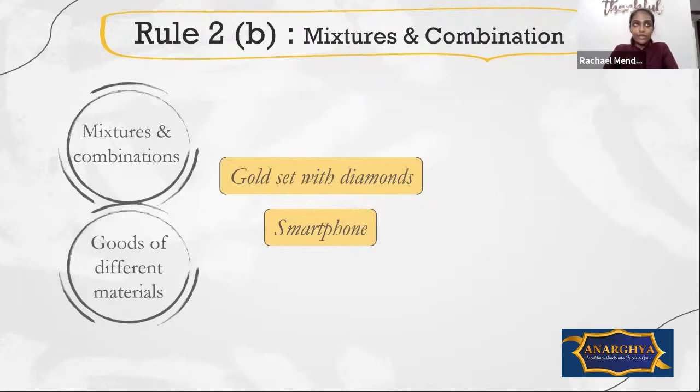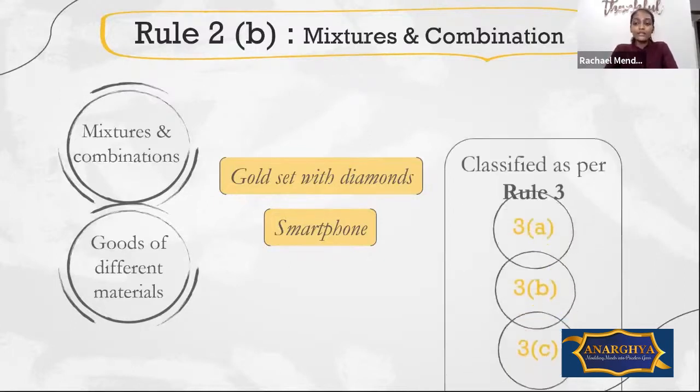It is a mobile phone, it has a camera, a calculator, a watch. So it has multiple components in the same product. And Rule 2B says that where you find certain products which have multiple components and they're capable of being classified under multiple headings, in that case, you must classify on the basis of the next rule, that is Rule 3.